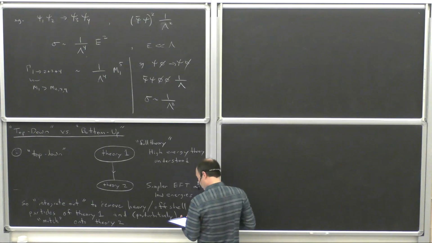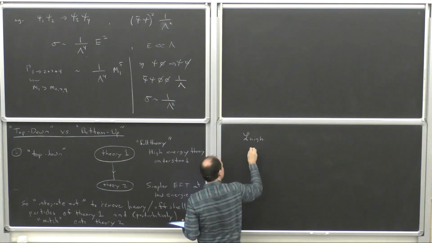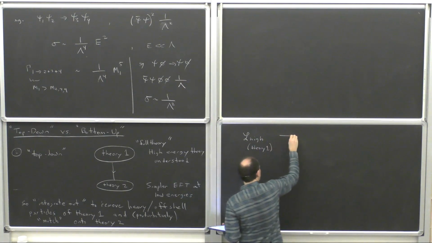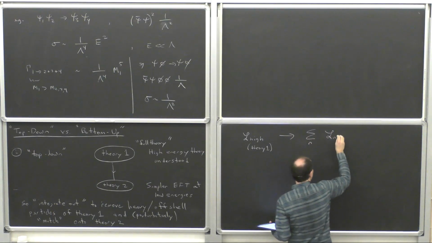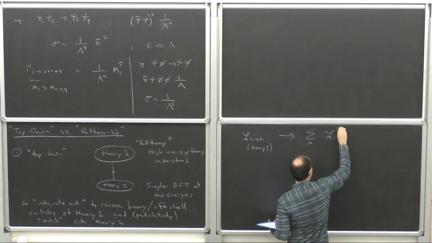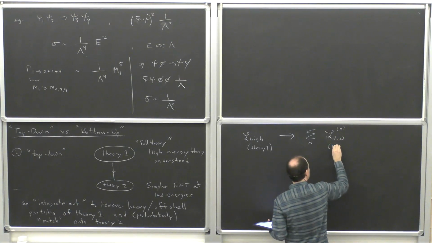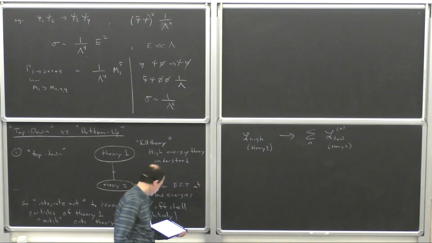It's like doing a Taylor series of theory 1, which is the high energy theory, and we match that onto the low energy theory, which has some sum of operators of increasing dimension, schematically.